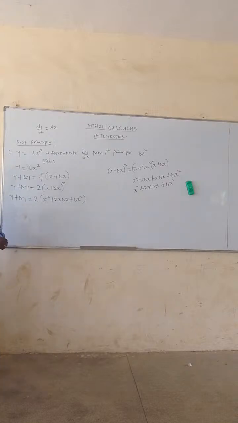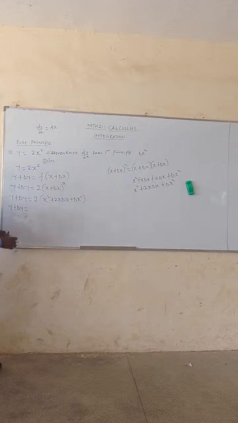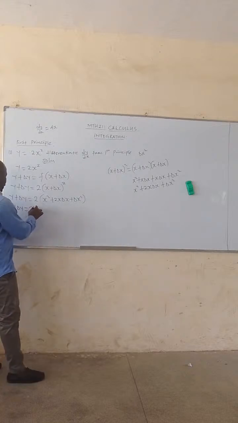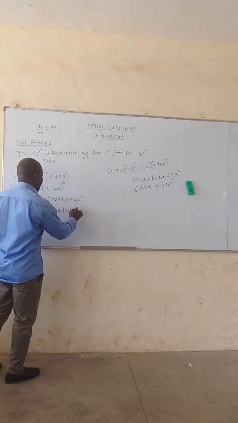Amen? Are you following? Okay. So far, so good. So what we need to do is y plus dy is equal to use this to open the bracket. You are going to have 2x squared plus 4x dx plus 2dx squared.